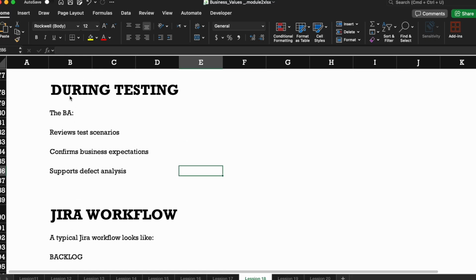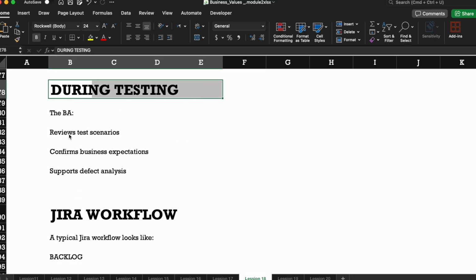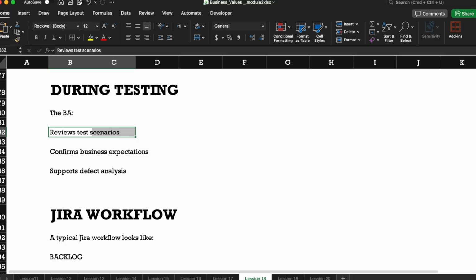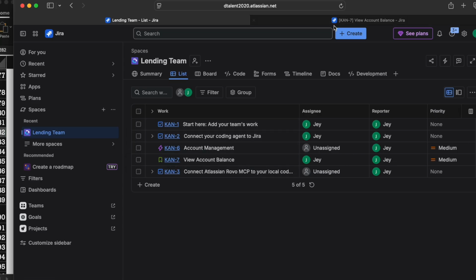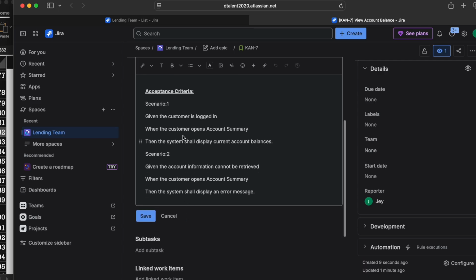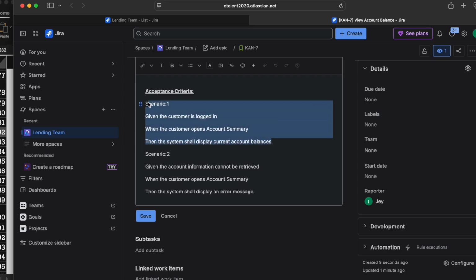So here testing also can help. Review the test scenarios based on your acceptance criteria. Testers will create the test cases, so they might ask you to review the test scenarios. That will help you verify what we are developing here. You can take a quick glance. Sometimes you have one scenario for the acceptance criteria, but they will come up with multiple test cases, right?